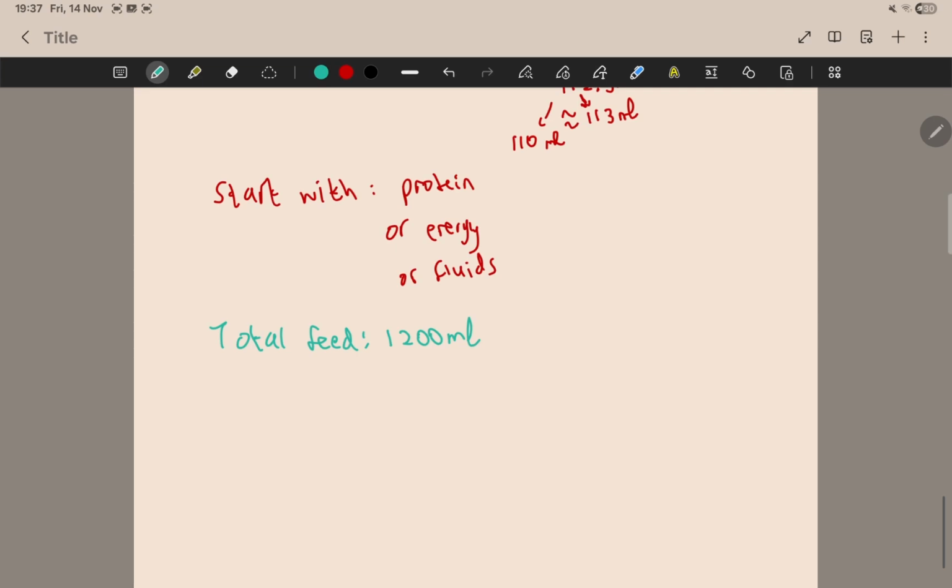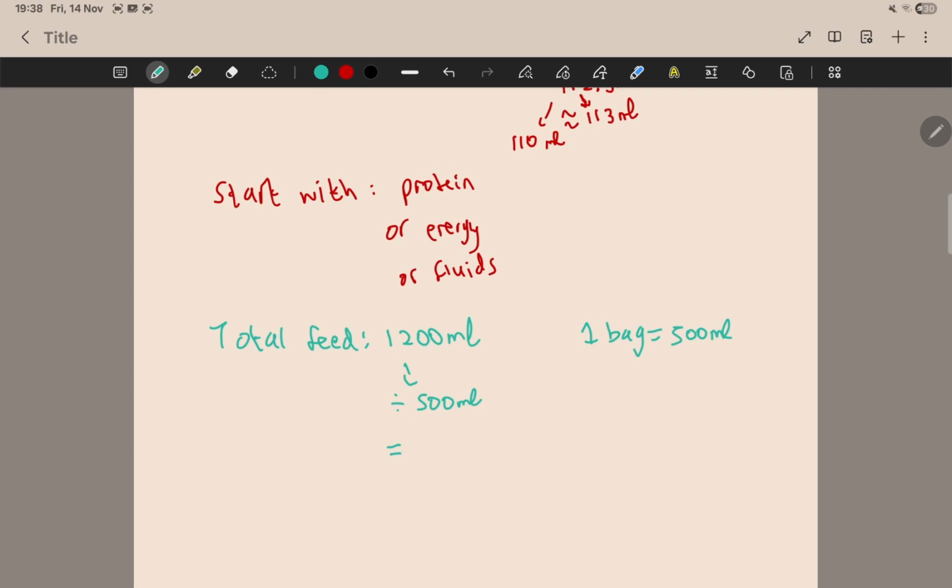Say your one bag of feed is equal to 500 mL. You simply divide the total feed by 500 to get the number of bags you need in a day. Simple maths.